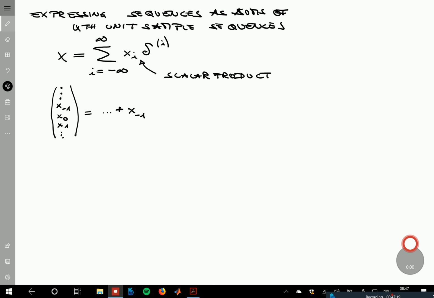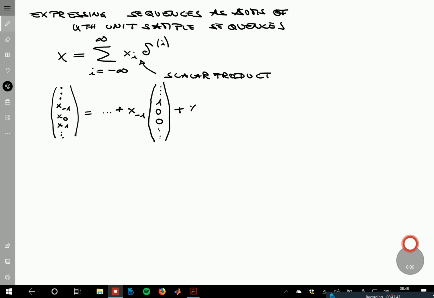And it's multiplied with the ith order unit sample sequence, which, as we established previously, has a 1 at the -1 entry. So ith order, i is -1, so it has a 1 here. And then for 0 it has a 0, and for x1 it has a 0, and then it goes on.